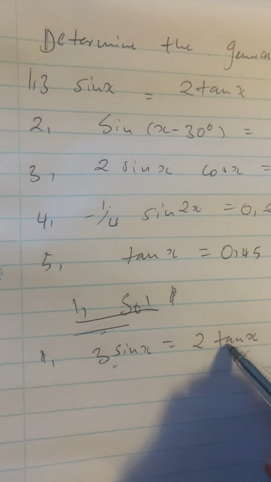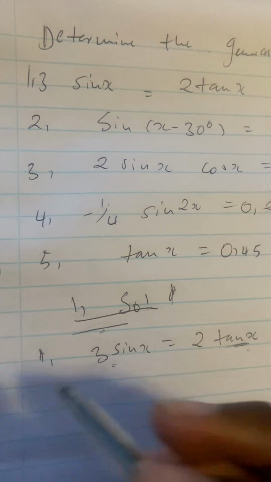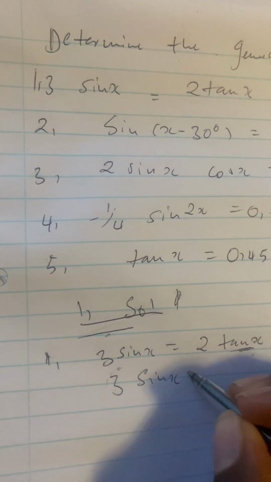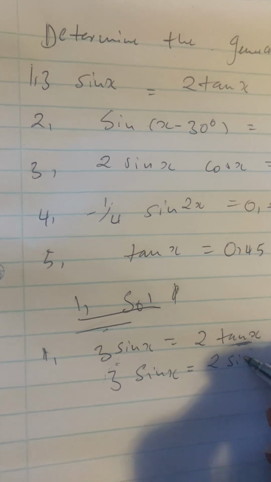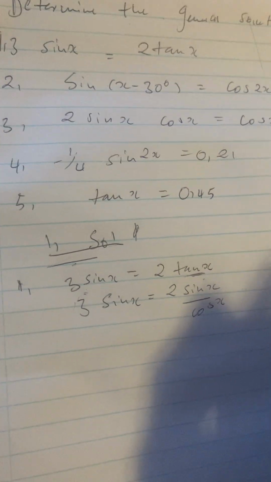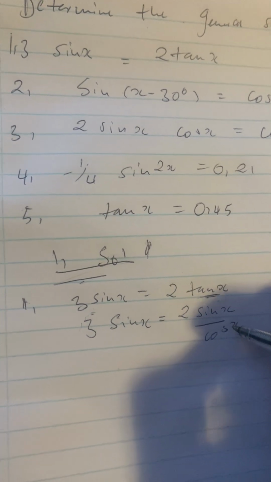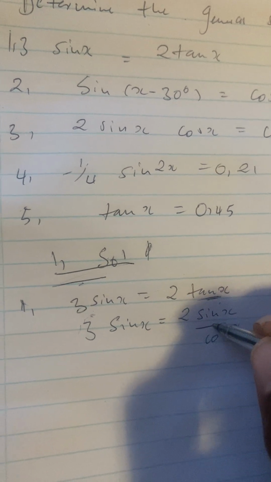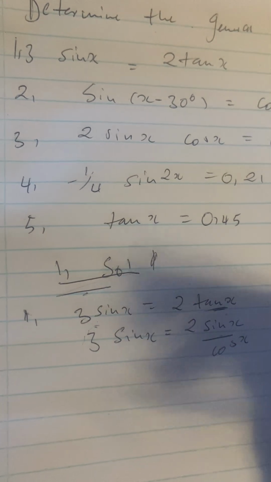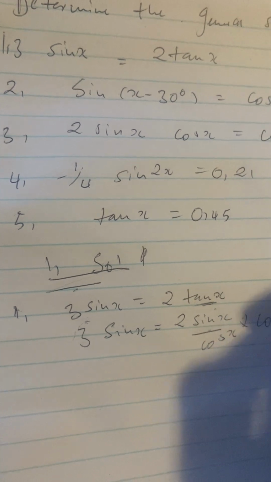We can change tan x into its identity. We can say 3 sin x will equal 2 times sin x over cos x. In order to get rid of the cos x on the right hand side, we have to multiply the equation by cos x.